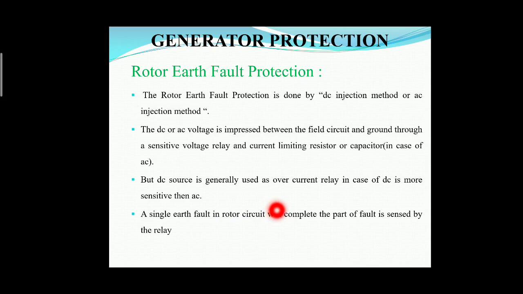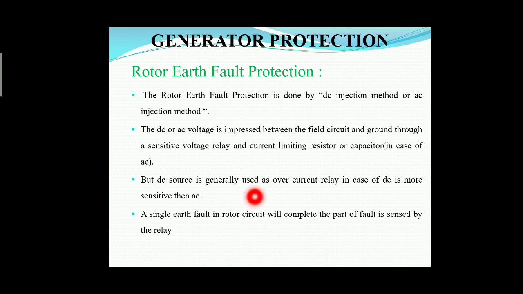In this method, alternating current is injected into the field circuit and grounded along with a voltage-sensing overcurrent relay and a current limiting capacitor.